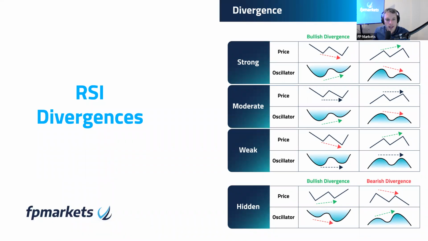Through the centerline cross, remember, if the RSI crosses below the 50 centerline, this tells us that average losses are exceeding average gains and upside momentum is certainly weakening. We also have the overbought and oversold signals to look out for, but what we're looking at now is divergence.